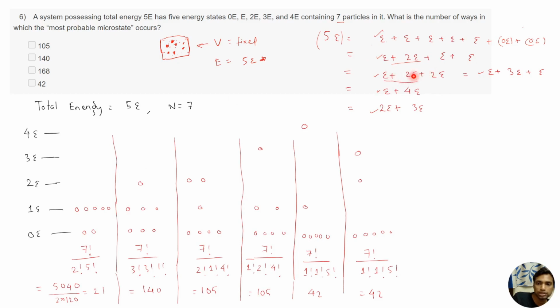Now you draw this configuration here. One particle is in 1E and two particles are in 2E, 1 2E, other 2E. Got it right?